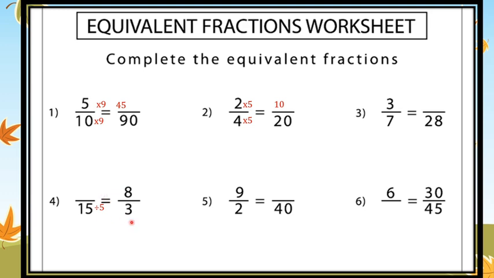So if you read the table of 3 to find 15, you read 3 fives are 15, so read 8 also. 8 fives are 40. So 40 divided by 5 is 8, or we can say 5 eights are 40.